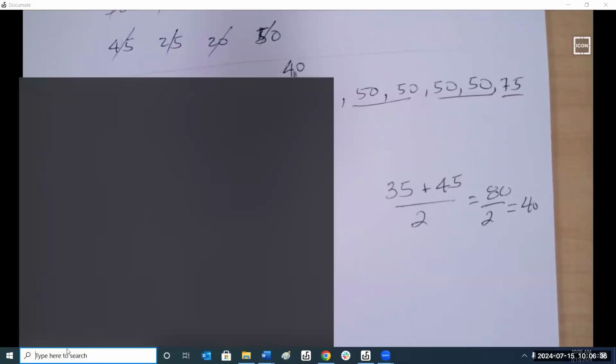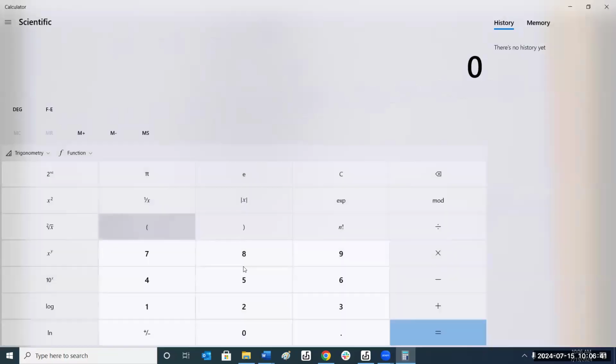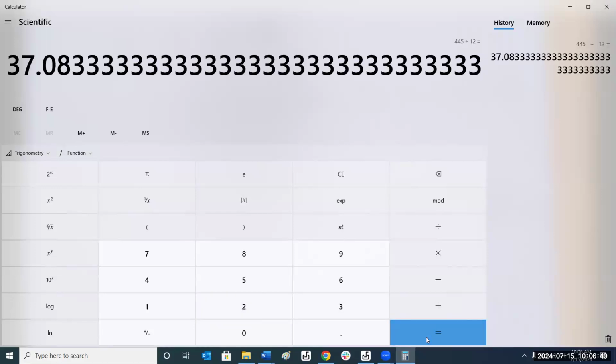Calculator. 445 divided by 12 is 37.08333 and forever.